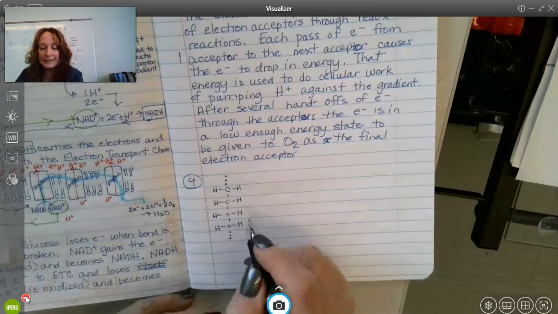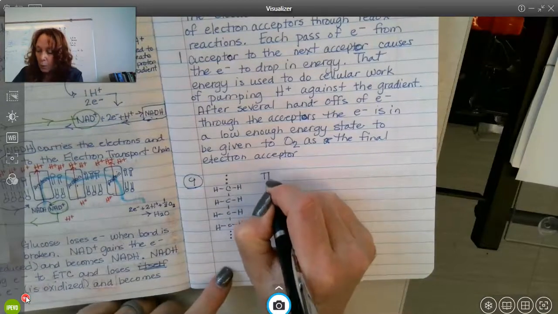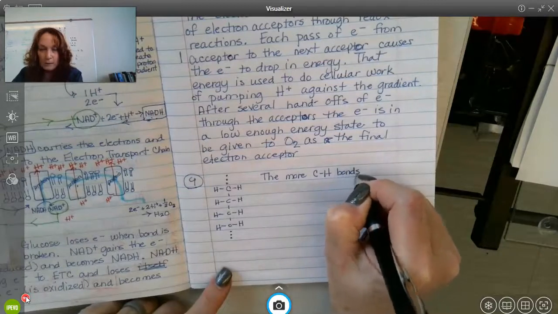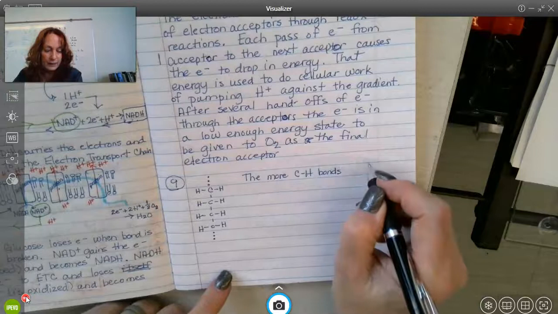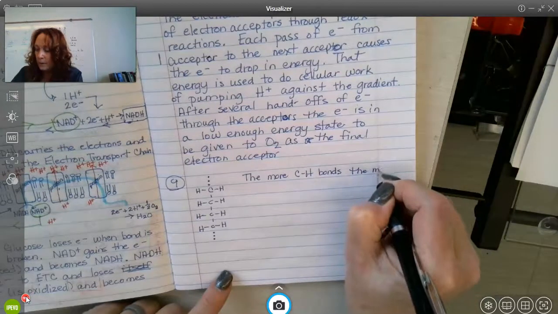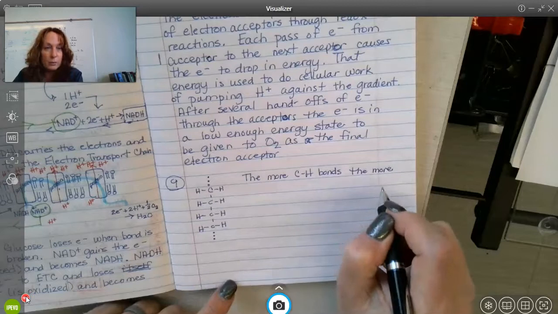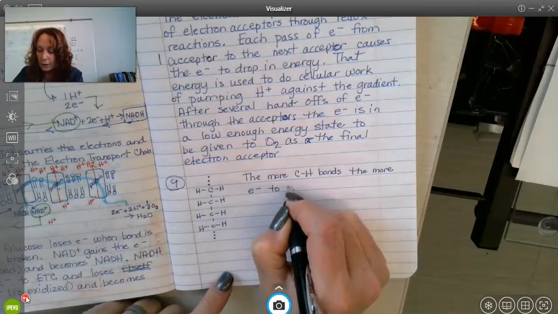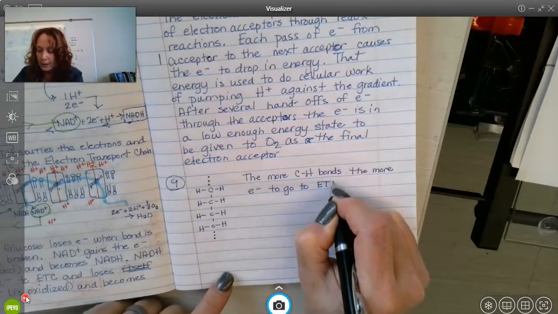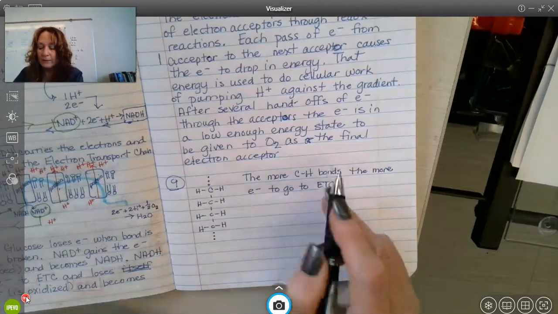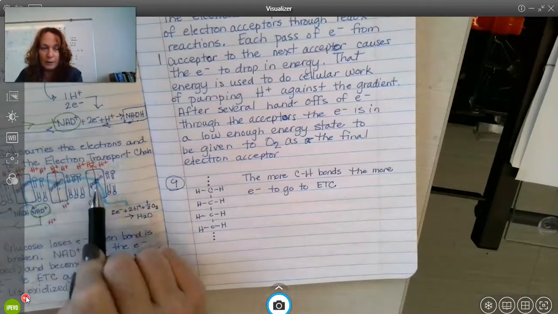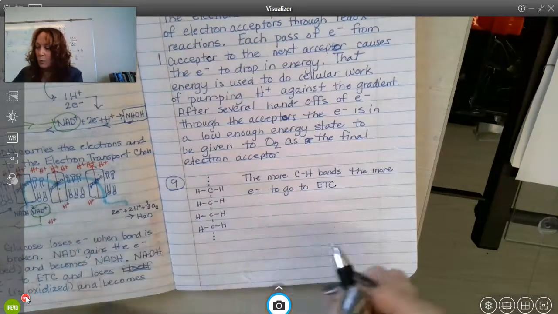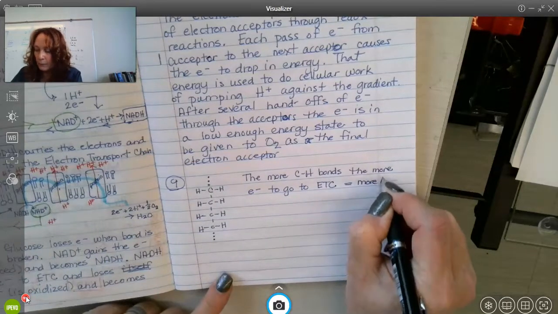So that's what they're asking is the more carbon-hydrogen bonds, right, that you can break. Let's think about what that is. The more, what do you get when you break a bond? Electrons. More electrons to go to the electron transport chain, which we haven't even talked about what we use this proton gradient for, but you can guess it's going to be to make ATP, which equals more ATP.